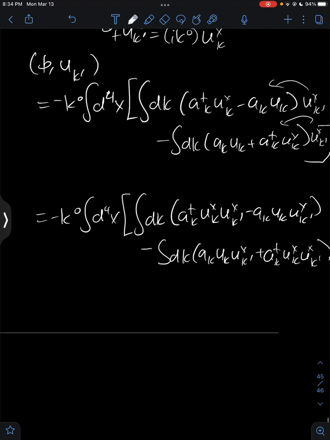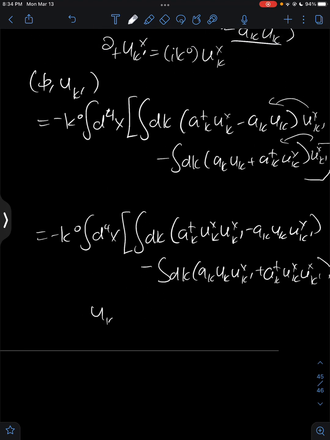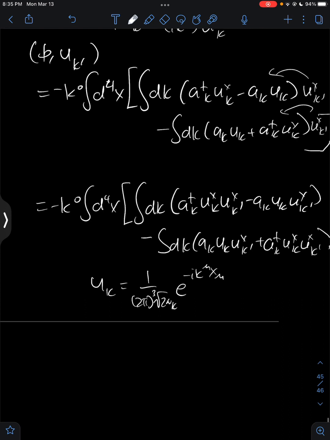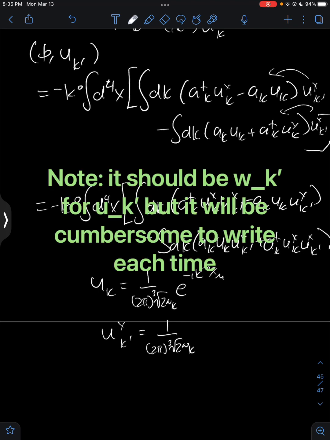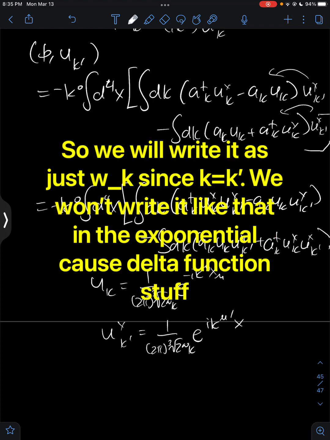Now we can actually expand these out. This is 1 over the square root of (2π)^3 2ω_k, e^(-i k_μ x^μ). And then u conjugate k prime is 1 over the square root of (2π)^3 2ω_k', and then e^(i k'_μ x^μ).